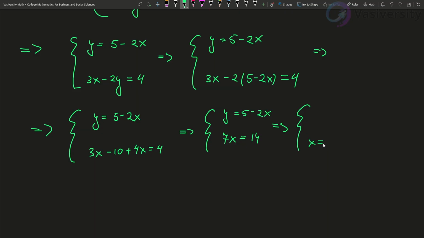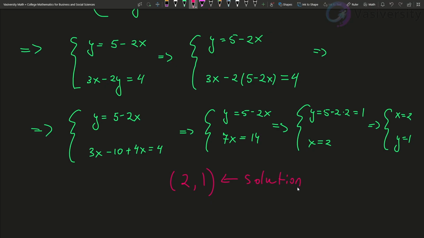It's equal to 2. Now we can plug into y. So y is equal to 5 minus 2 times 2, which is equal to 1. So our solution is x equal to 2, y equal to 1, or as an ordered pair, (2, 1). So (2, 1) is the point of intersection of the two lines. This is where they intersect. This is our solution.